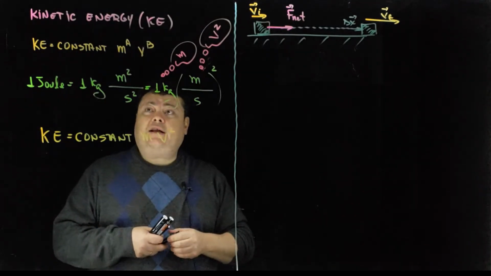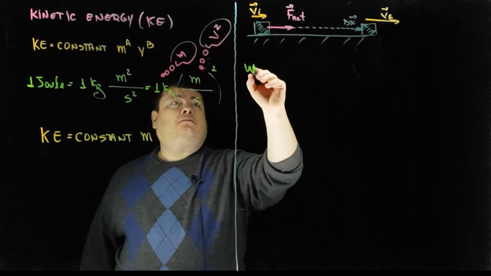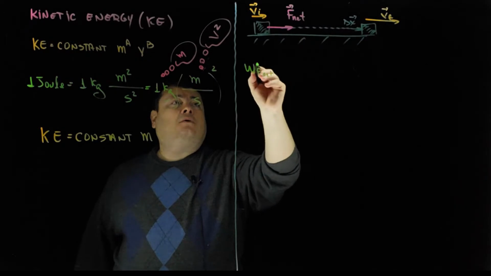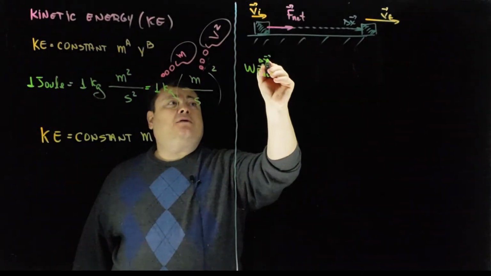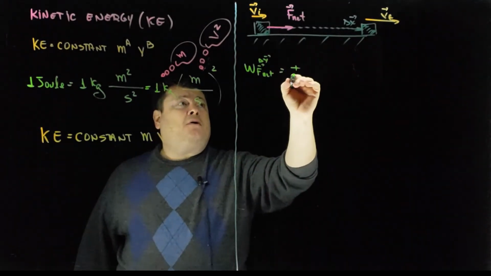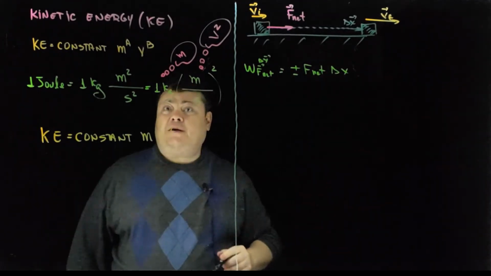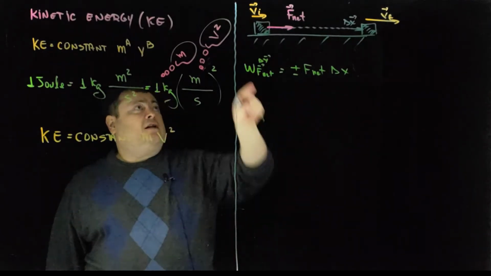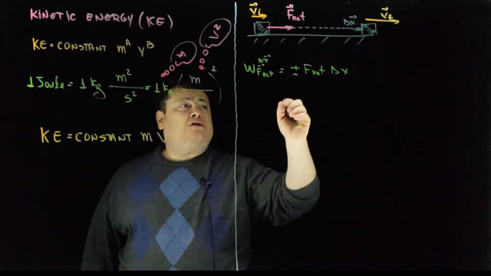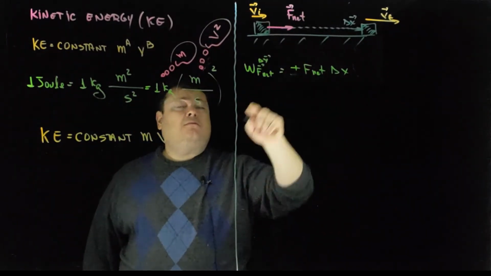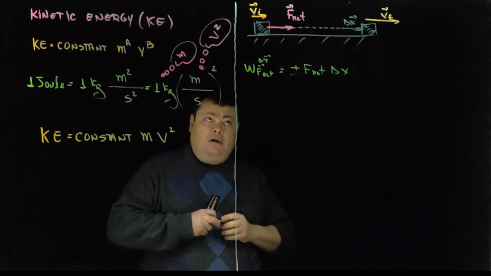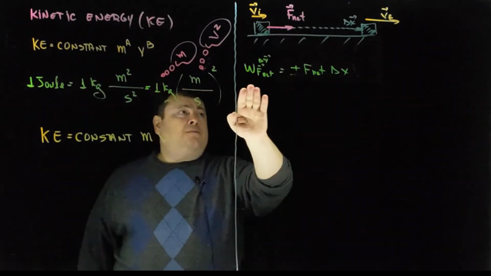And the work done by the net force on that displacement is plus or minus net force times displacement. And because the net force is in the direction of motion, I'm going to stick with the plus. So that is my equation.